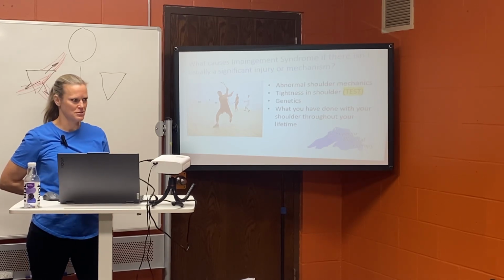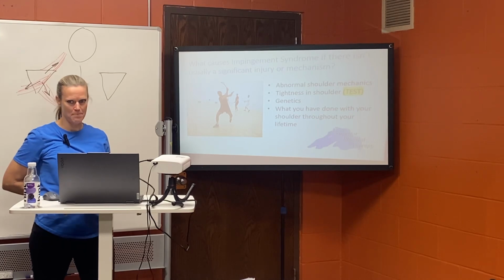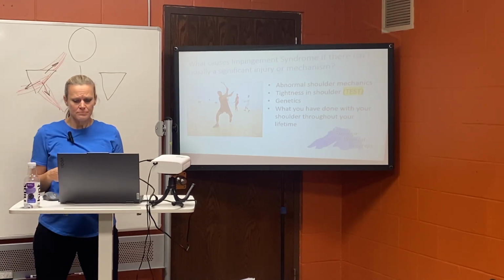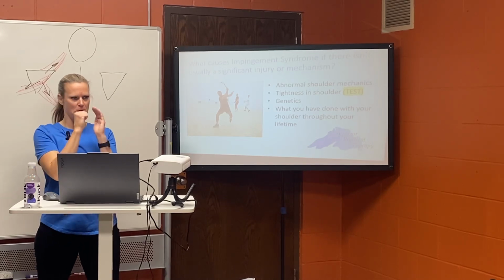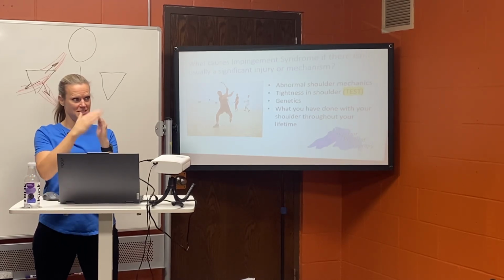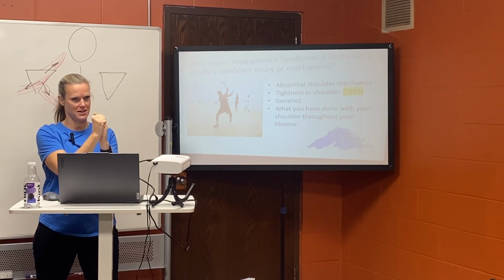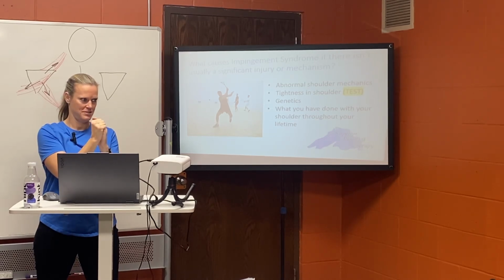So they did some research because it's so common. They asked, what happens when that part of the shoulder is tight? Remember we have the ball and socket. Let's pretend this is the front, this is the back. It pushes the ball up and forward in the socket at all times.